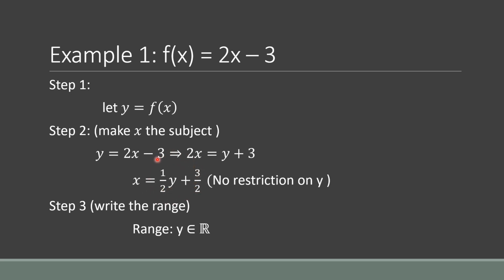We cast our mind back to when we were finding the domain of a function being a polynomial. So the range for this particular function will be y being a member of R. Why? Because there is no restriction on y, because the expression is a polynomial in terms of y. So the range can be written as y belongs to all real numbers, or y is a member of R.